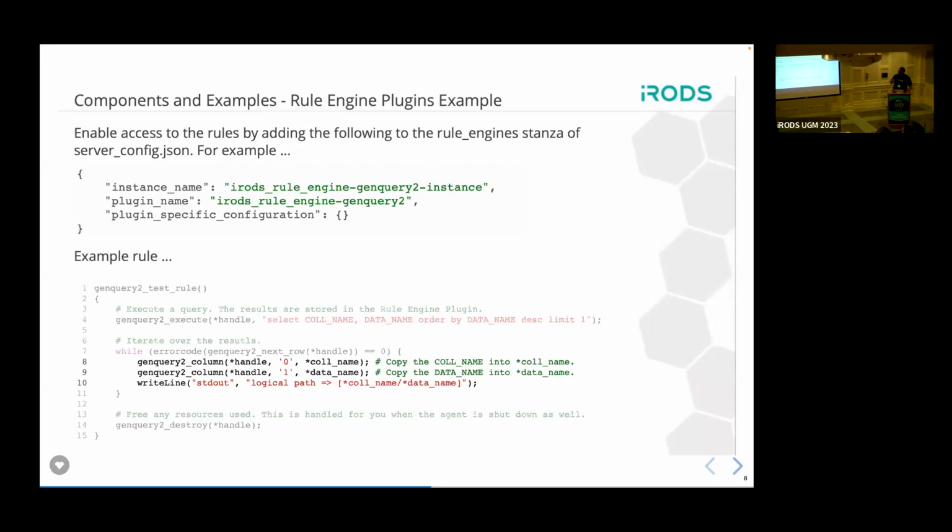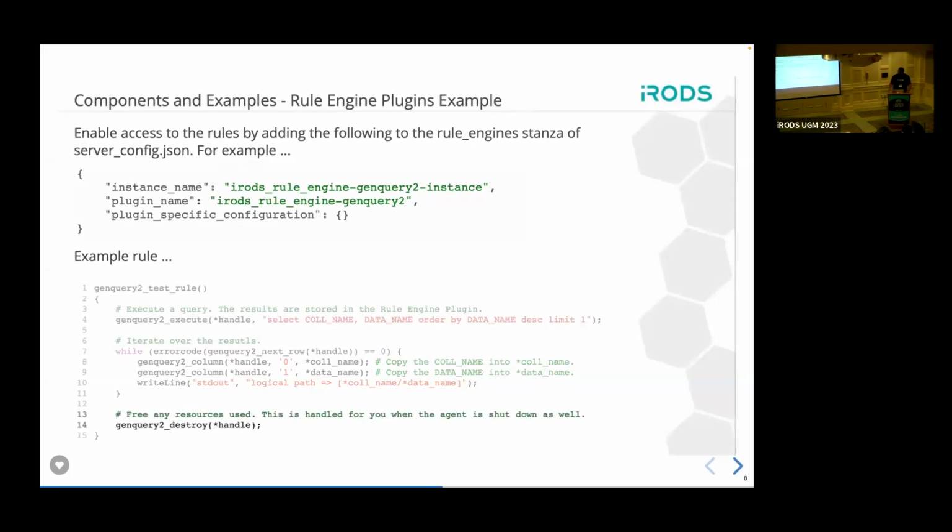We can do that using GenQuery2 column, which allows us to pass an index and say, hey, I want the first column, or I want the third column, or whatever, and it fills that information into the variable that's passed in. In this case, we extract the collection name and data name, and then we write that out to standard out.